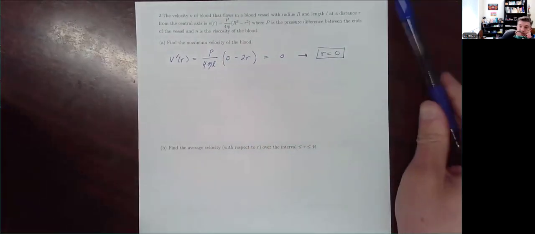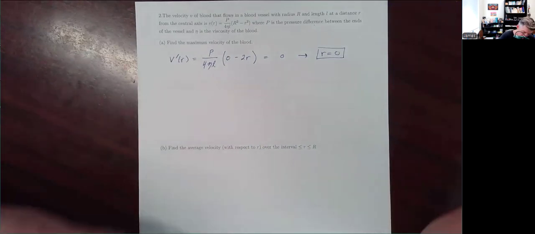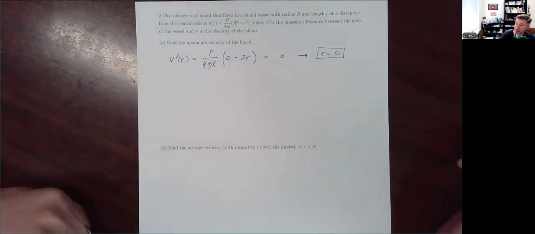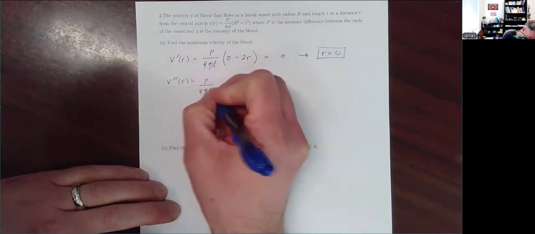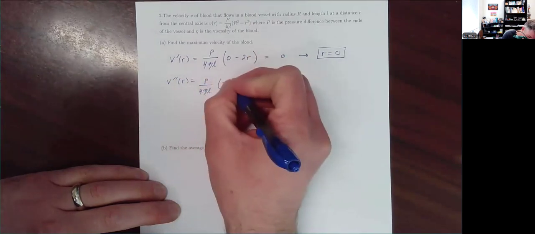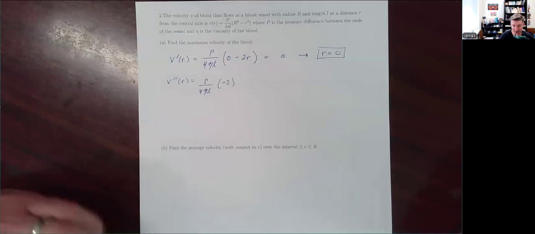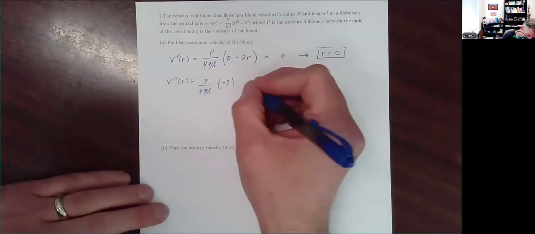Is this a maximum? Good question. So you could either use the first derivative test. I'm going to use the second derivative test and say, great, v double prime of r is equal to, well, this constant still hangs out, and the derivative of negative 2r is negative 2. If I plug in 0, there actually isn't a place to plug it in. That's fine, though.